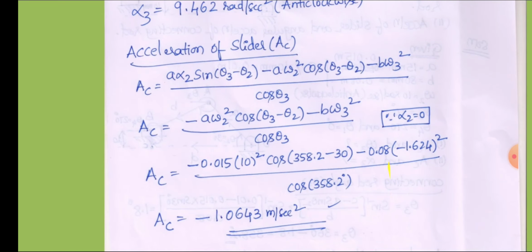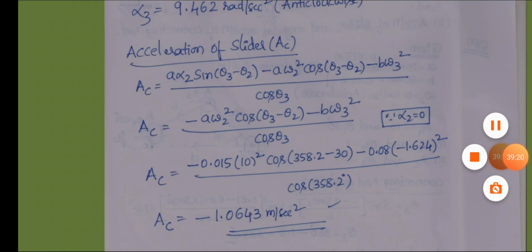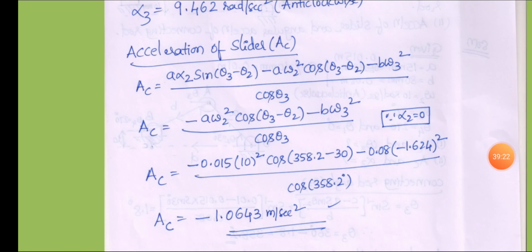Then find the linear acceleration of slider, that is nothing but acceleration of slider, that is AC. Write down the AC formula from the formulas list, and the first term in the numerator contains alpha 2. As here the crank is rotating uniformly, hence angular acceleration will be 0.